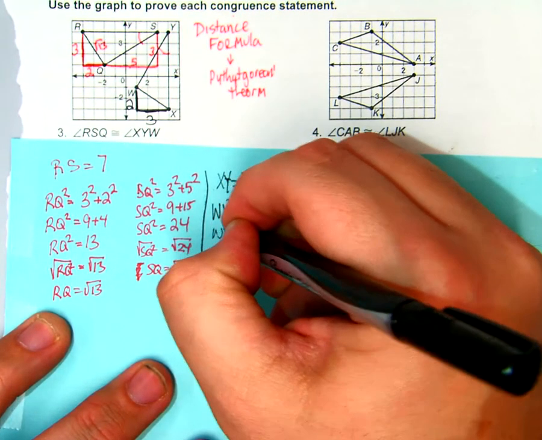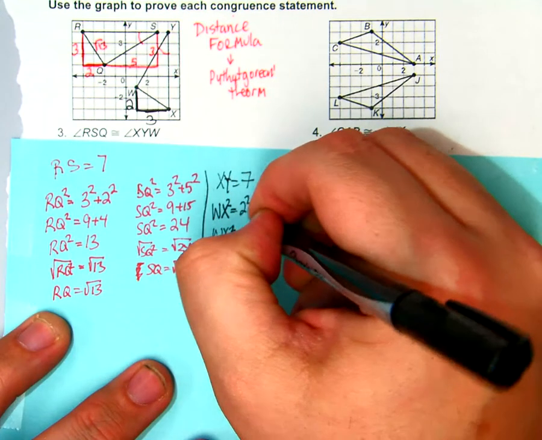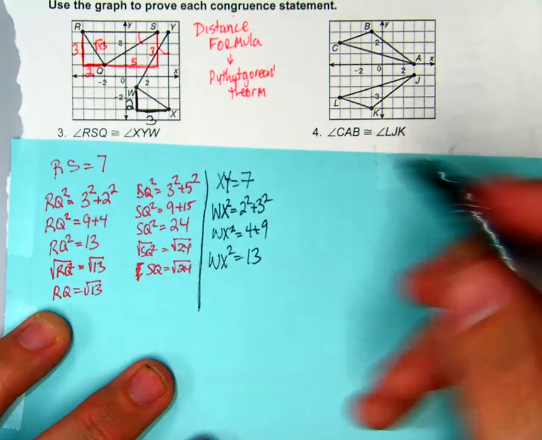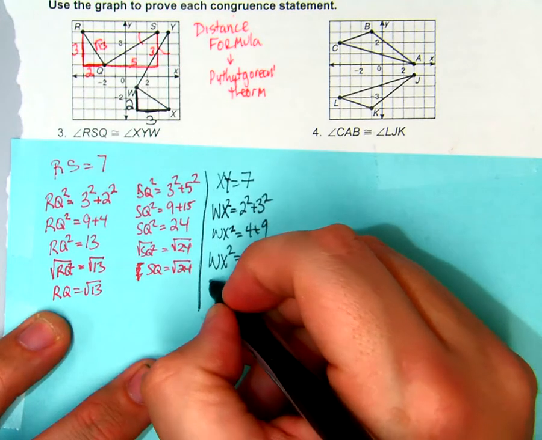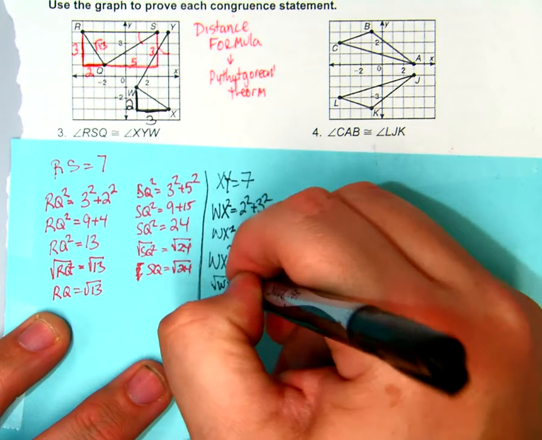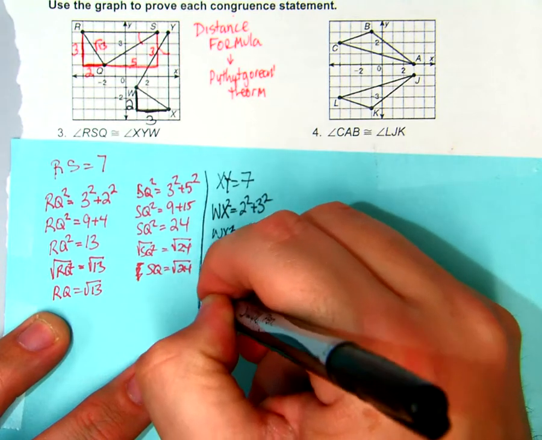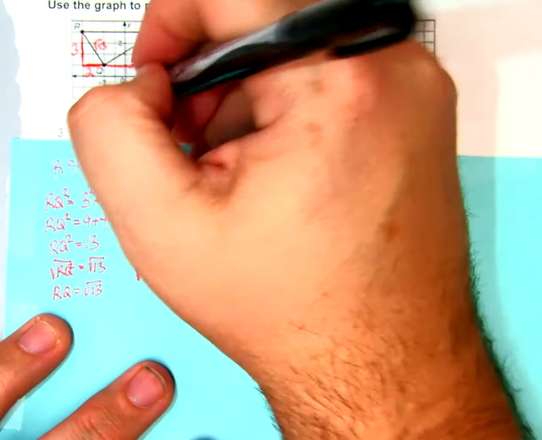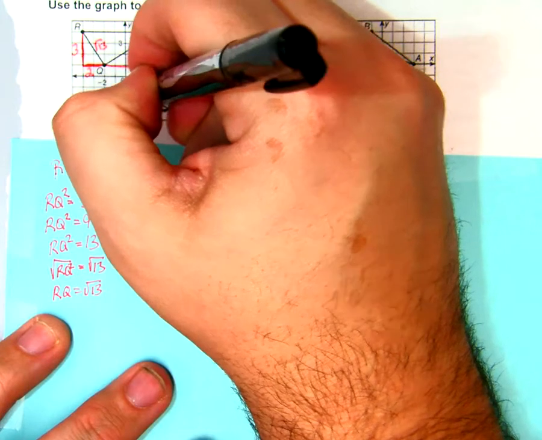WX squared is equal to 4 plus 9. WX squared is equal to 13. So the square root of WX squared is equal to the square root of 13. So WX is equal to the square root of 13.